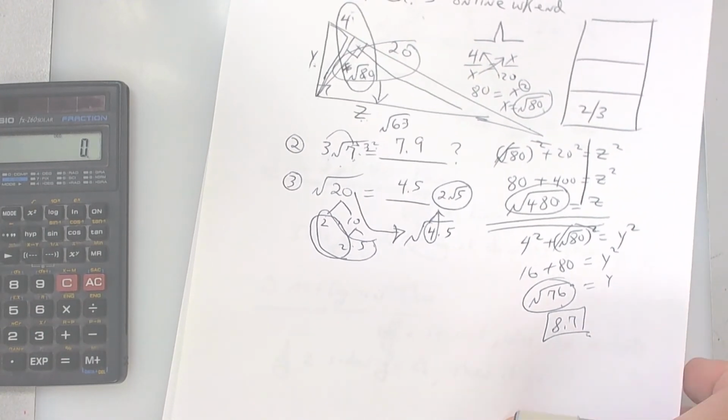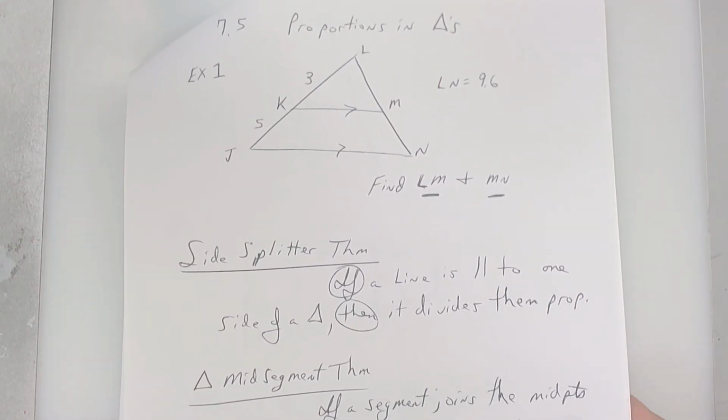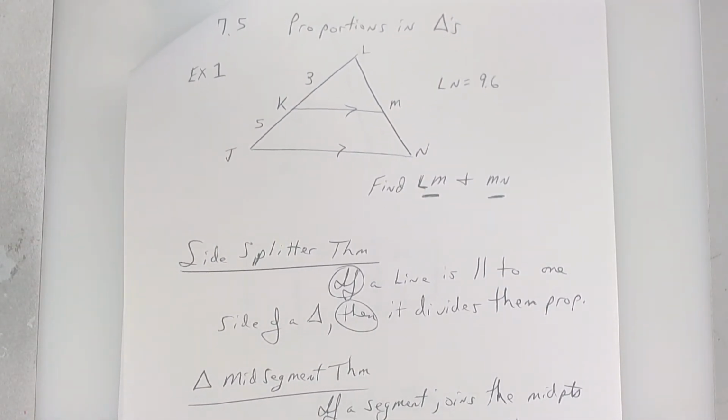We have one more section to go over here. So on a new sheet of paper, I want you to copy down everything you see here. We're dealing with proportions and triangles. Notice this is called the side splitter theorem. Okay? If a line is parallel to one side of a triangle, if then, this is called a conditional.